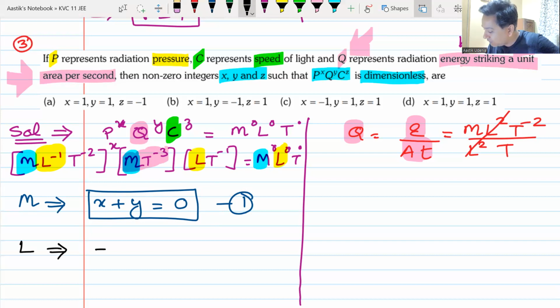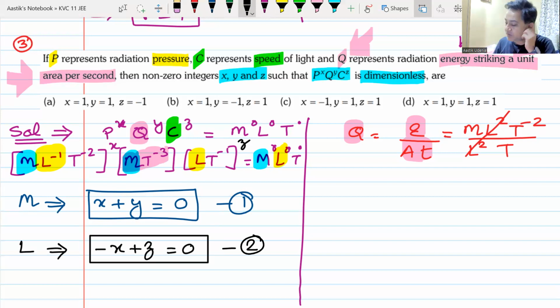On the left hand side, you have minus x. Oh, I did not raise it to the power of z. Minus x plus z is equal to 0. Are you getting my point? Let us say this is my equation number 2, which I got by equating the powers of L.